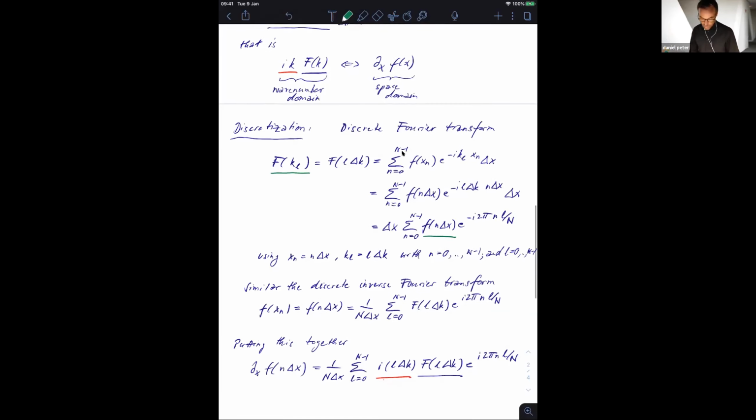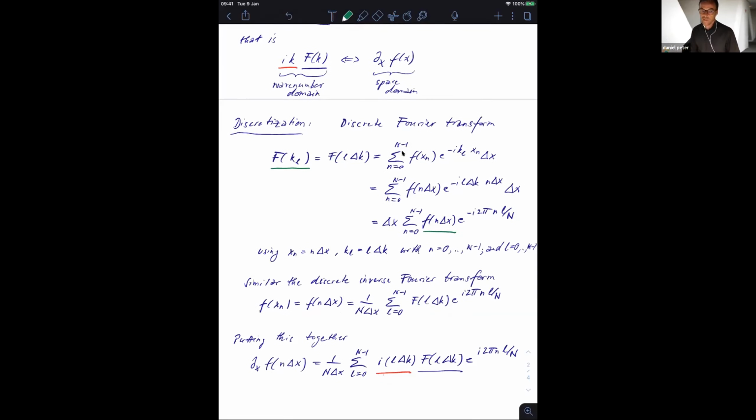We multiply this by ik and then do the inverse Fourier transform. So it does indeed take the information from all the grid points in order to take the derivative of the function.